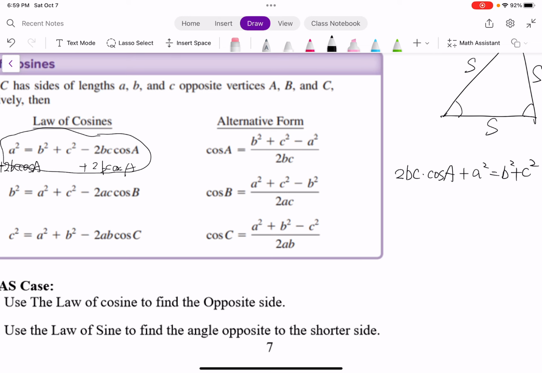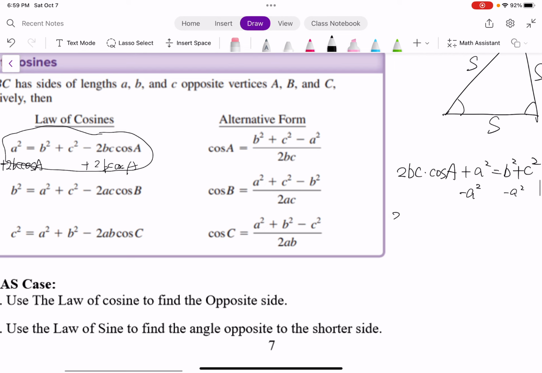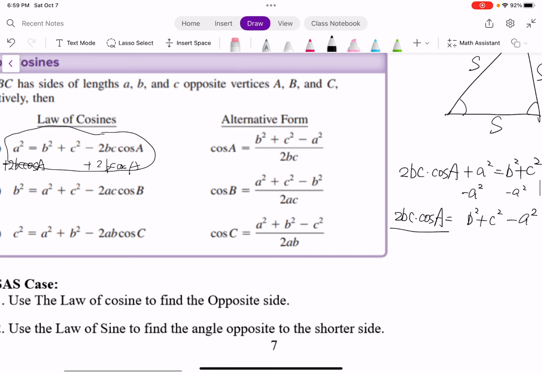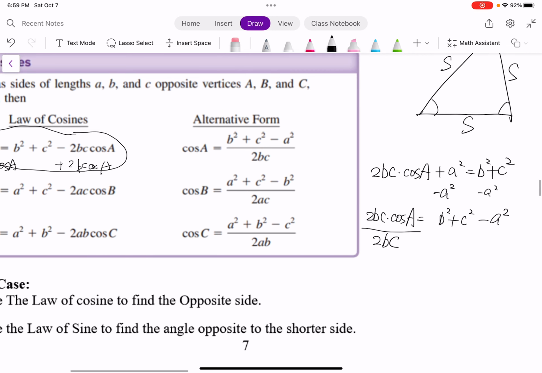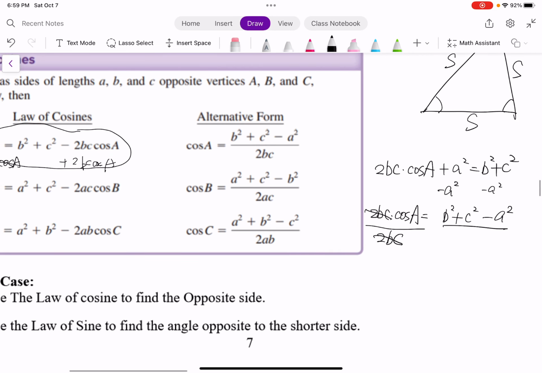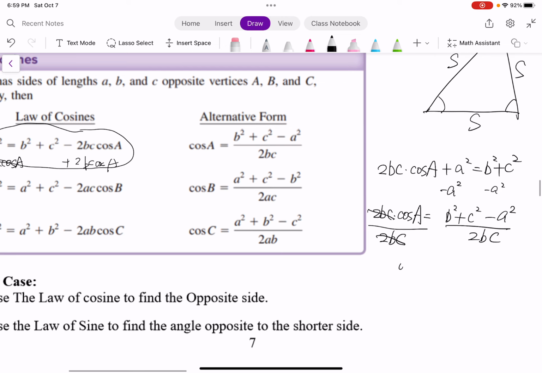And then continue to get rid of the a squared. So 2bc times cosine A equals b squared plus c squared minus a squared. Get rid of the 2bc, do the division. So cosine A equals b squared plus c squared minus a squared over 2bc.